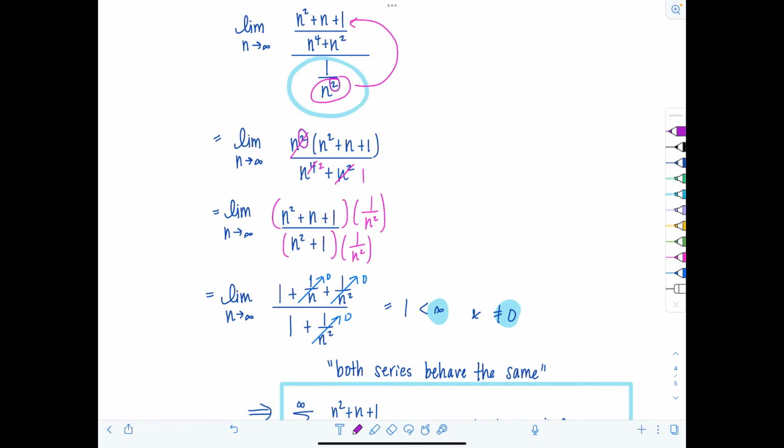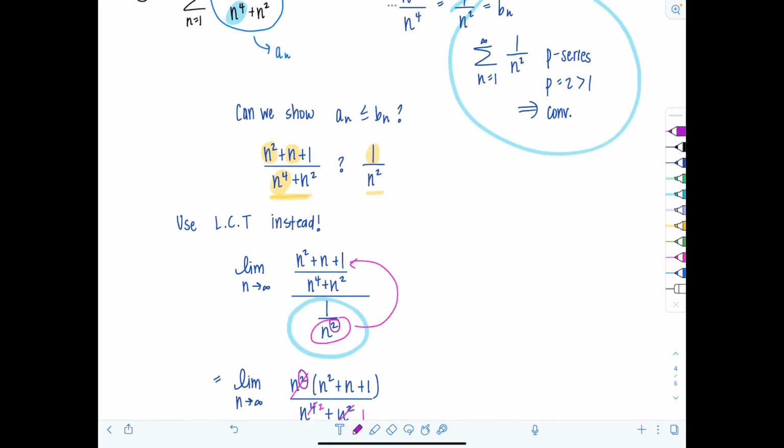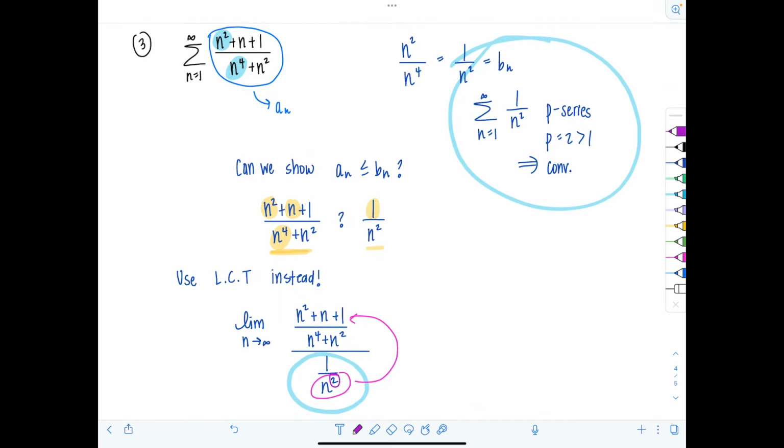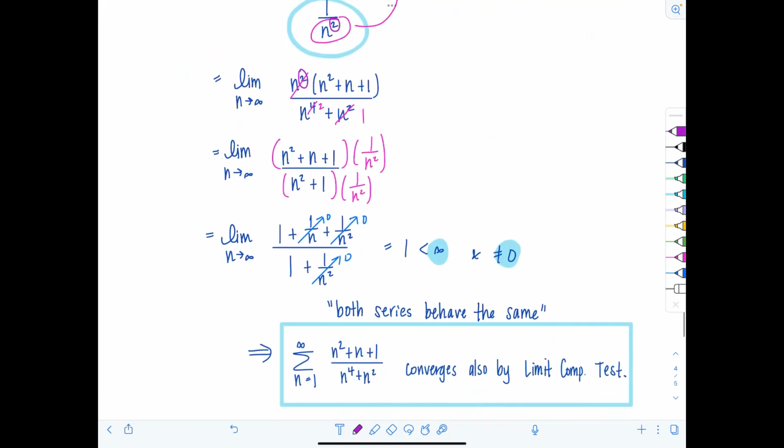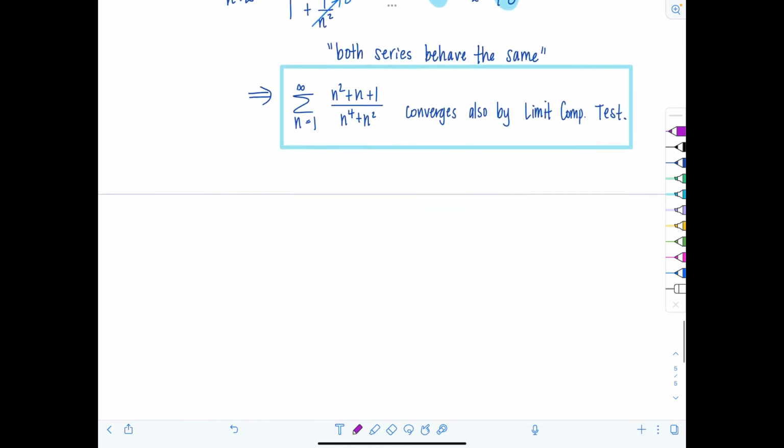All right, you could play it out through and see. And 1 over n cubed is a convergent p series, but it's just the wrong choice to compare it to because that limit ends up going to infinity. So just be careful, all right? And you'll see, it might take some trial and error for you to understand what I'm talking about.